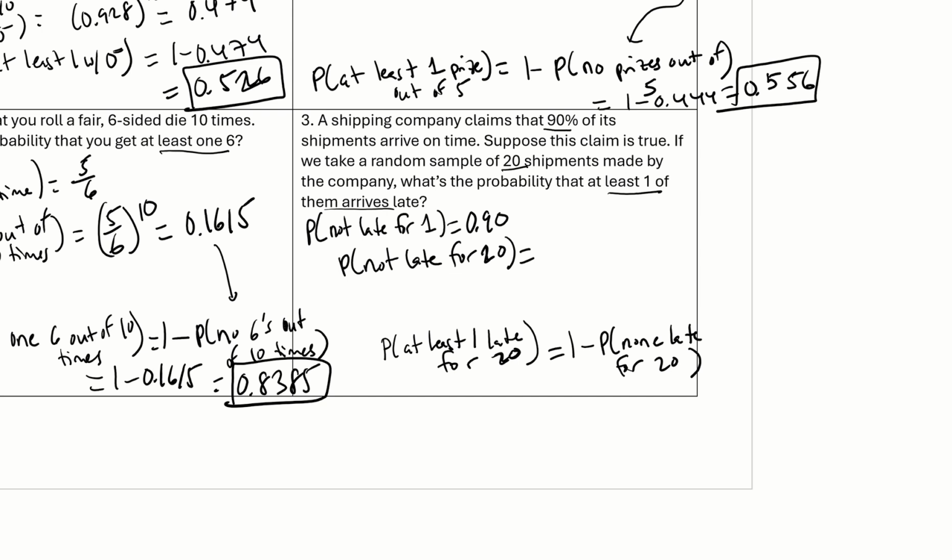So not late for 20, then it's 0.90 to the 20th power, which is 0.1216. And then just plug that in here. So 1 minus 0.1216 equals 0.784.